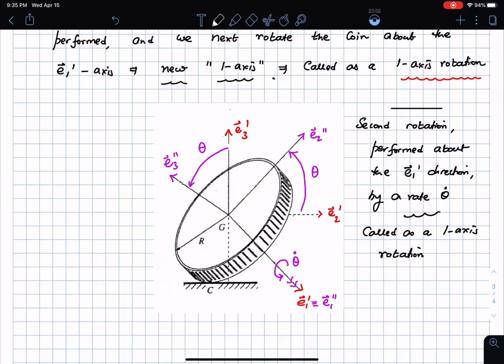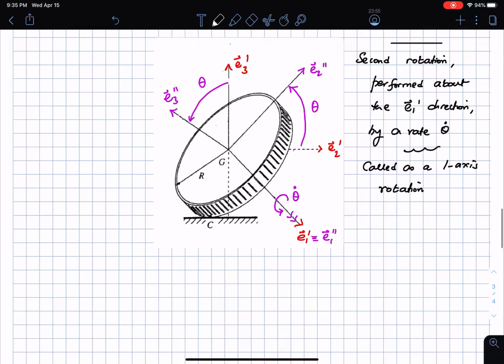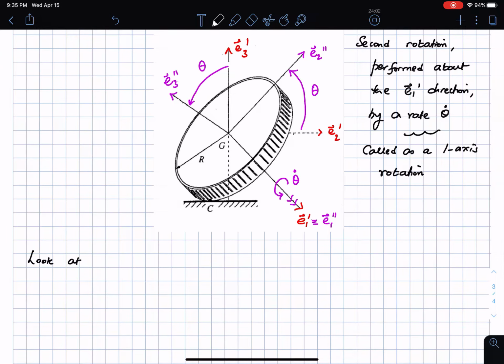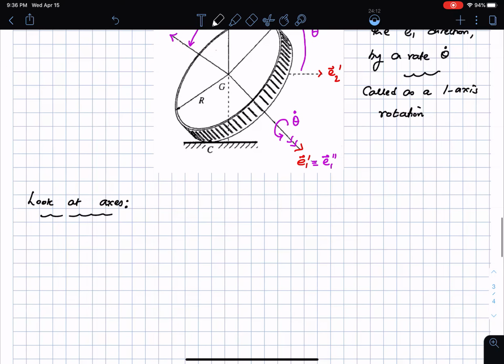So now when I do the transformation equations, I want to be careful. When I'm looking at the way the axes have been transformed, I'm looking at it by seeing the E1 prime axis coming towards me. This is my E3 prime, that's going to be my E2 prime direction.